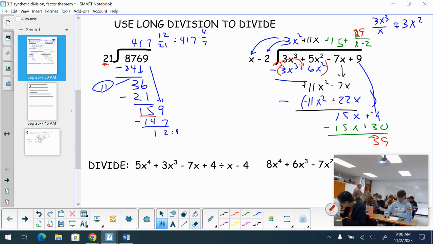Humans want to try to make it easier. The unfortunate thing with long division is we can't clickety-clack polynomials into a calculator and do long division. So we want to make life easier on ourselves. The synthetic division that we do is very similar to synthetic substitution.